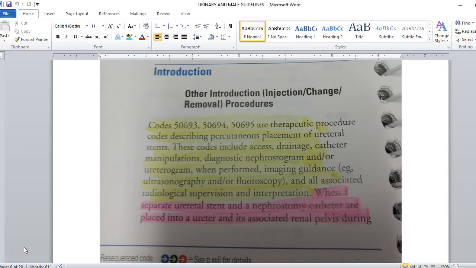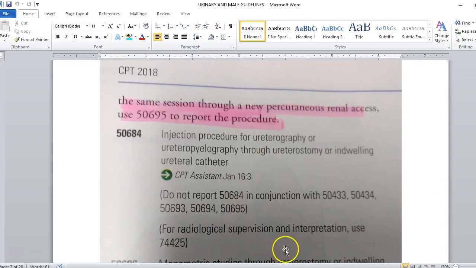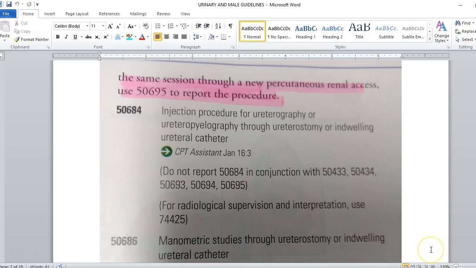So that's what's included. Then it goes on to tell us, when a separate ureteral stent and nephrostomy catheter are placed into a ureter and its associated renal pelvis, during the same session, through a new percutaneous renal access, use 50695 to report the procedure. So again, we need to know how we are placing these stents. We have the injection procedures there.